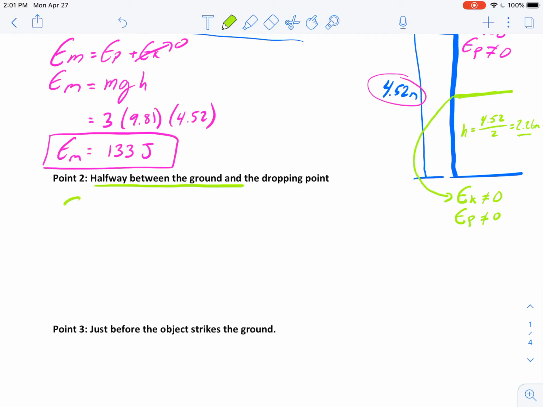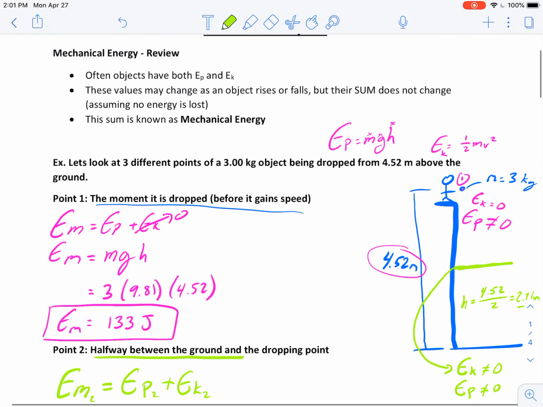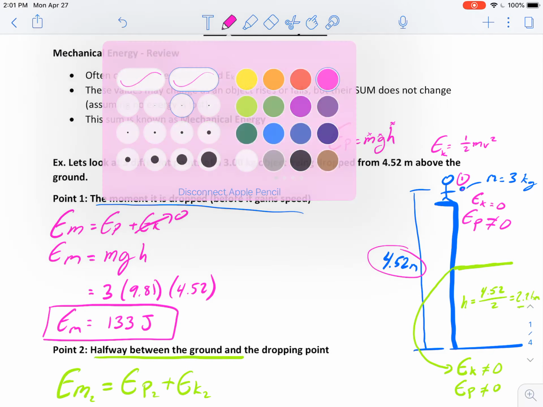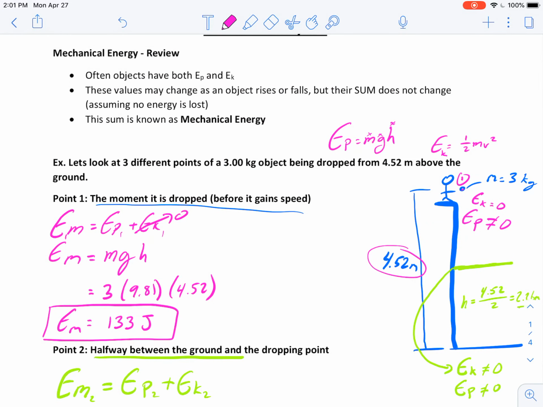So our total mechanical energy, which is still made up of EP plus EK, and this is actually at point 2. I'm going to change this here to be at point 1 for each one of these.